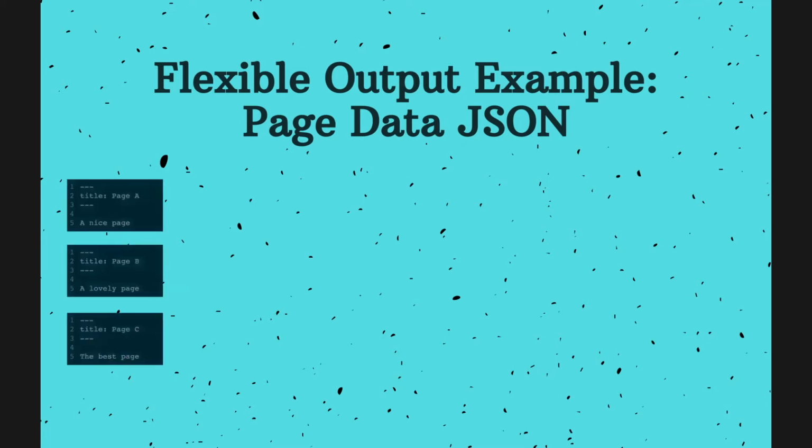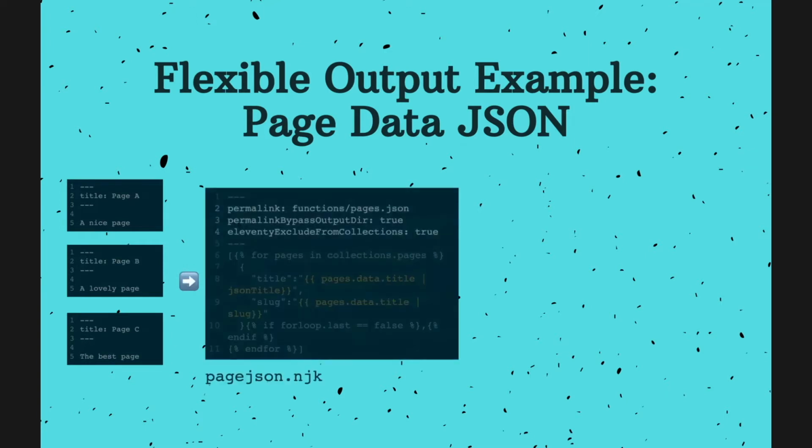The benefit of this is that you have the compiled template content available if, say, the content was created in Markdown. And using permalinks, we can both change it to be the JSON file type, but also place it outside of the input directory, thus excluding it from site output, but making it available for other processes.